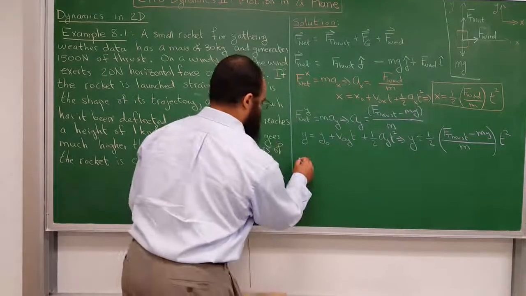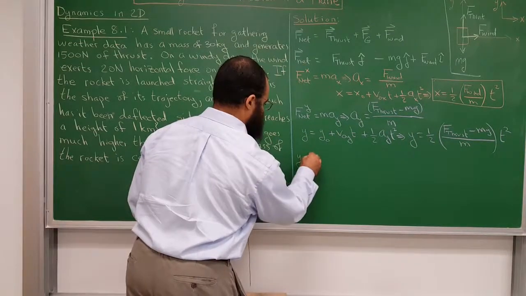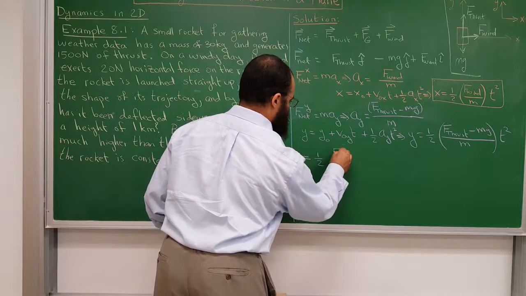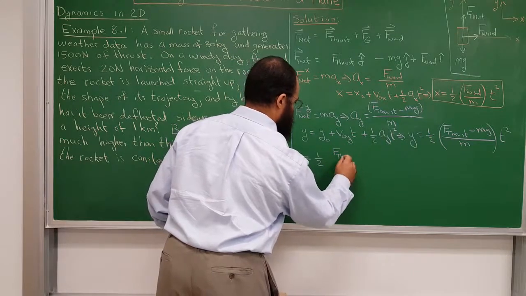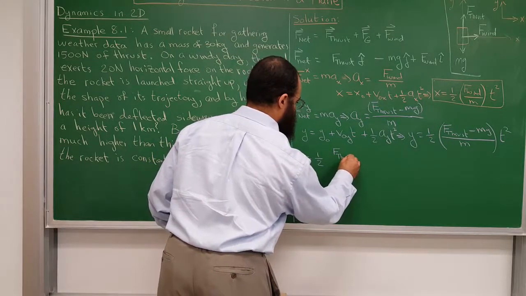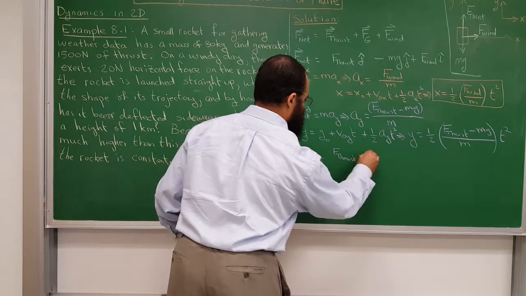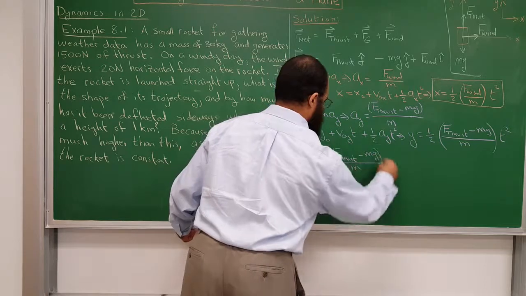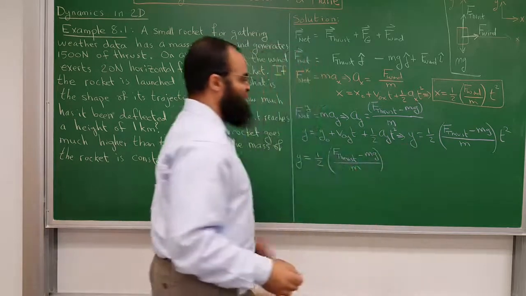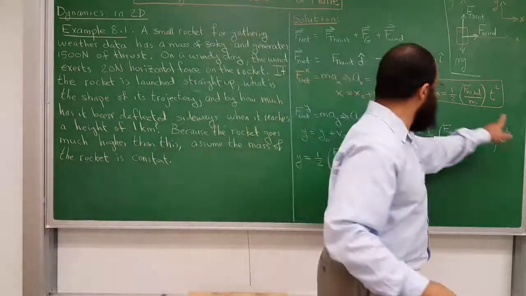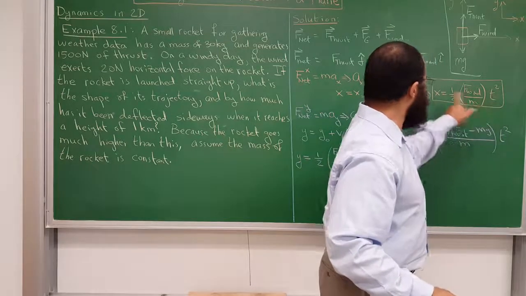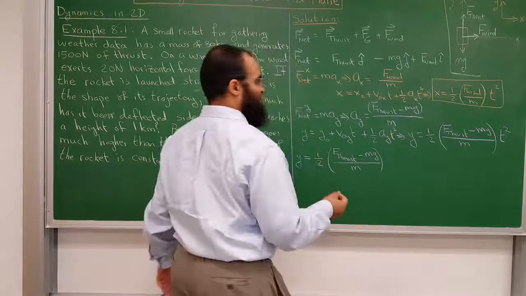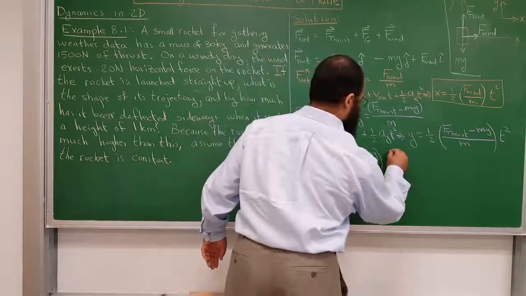So let's see. You get y will equal 1/2 of the force of the thrust minus mg divided by m times t squared. And I'm going to replace this t squared by, just solving for t squared in terms of x, 2x times m divided by F wind.